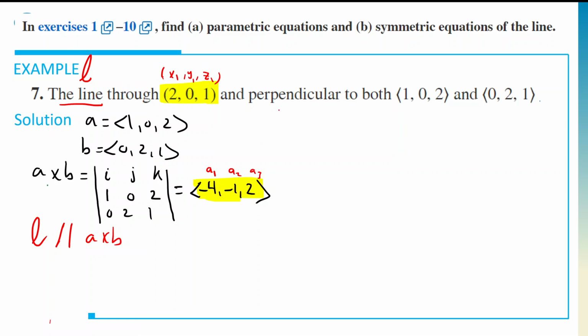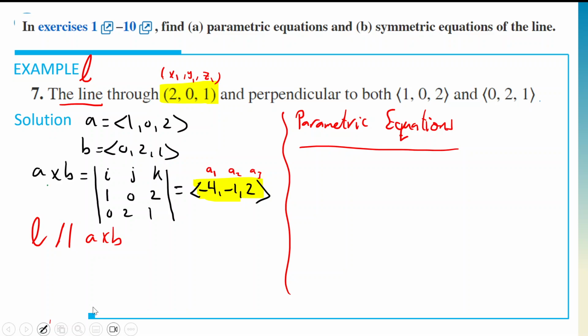So what should be the parametric equations? Let's write them here. So the parametric equations, we write them down as, this is the point, so I have x equals 2 - 4t, y equals again only -t, and z equals 1 + 2t.